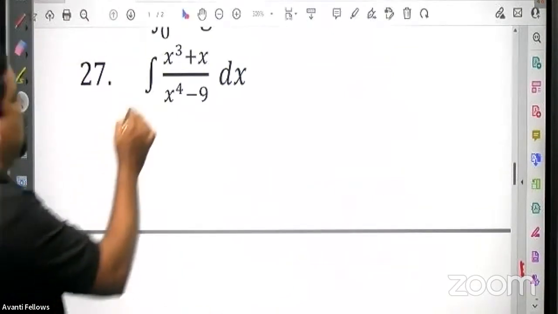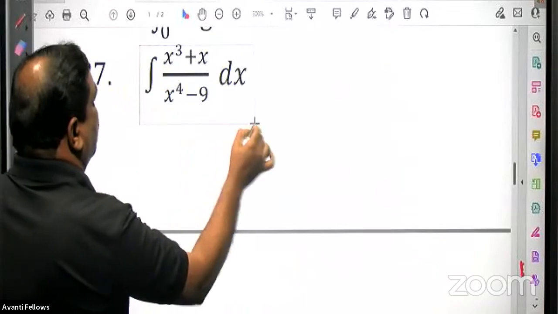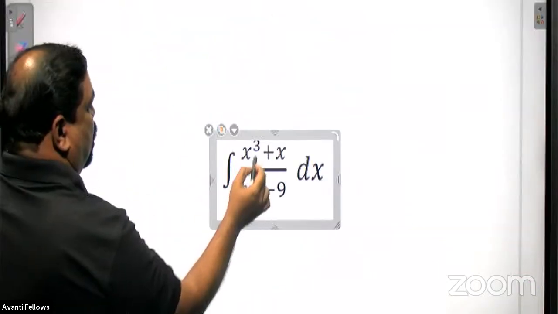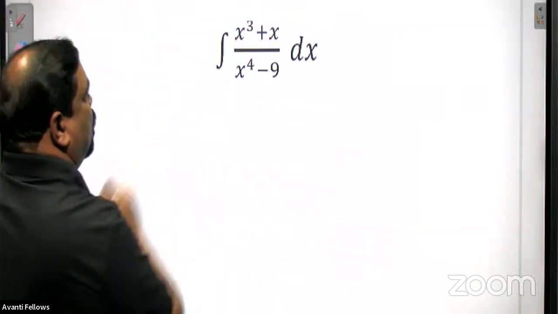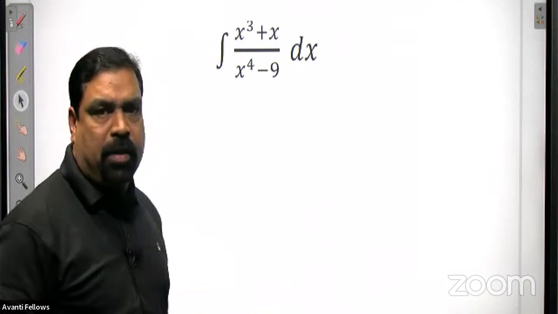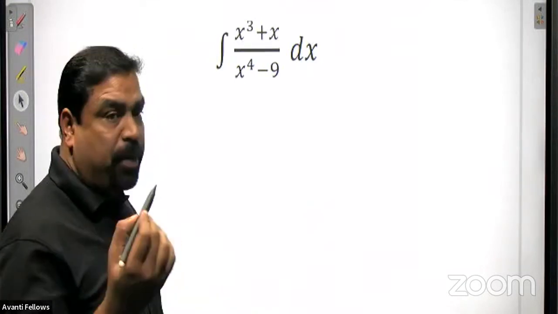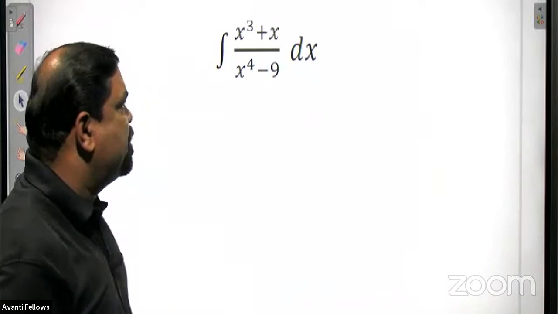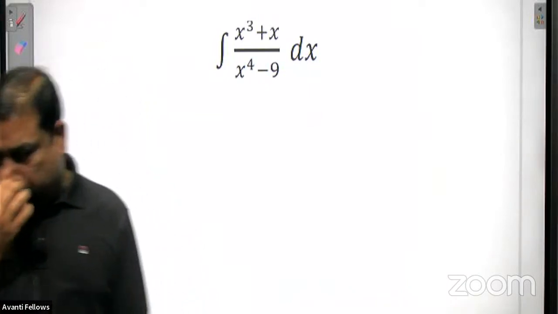Now let us take the integral of x cube plus x by x raised to 4 minus 9 dx. Okay, you can think about it.